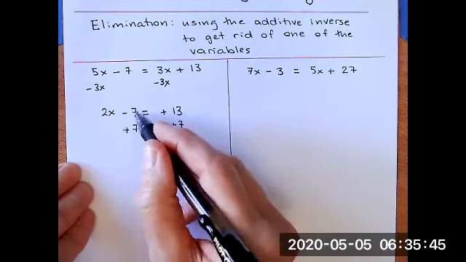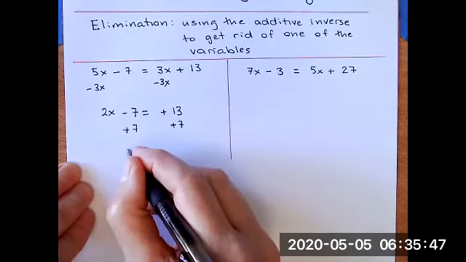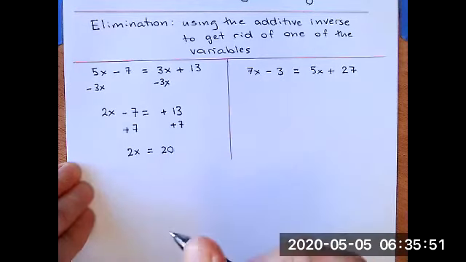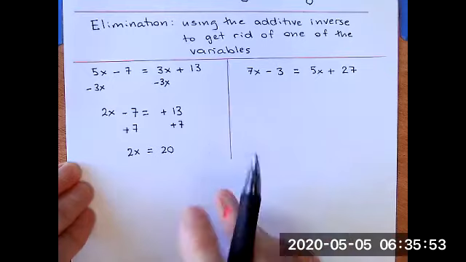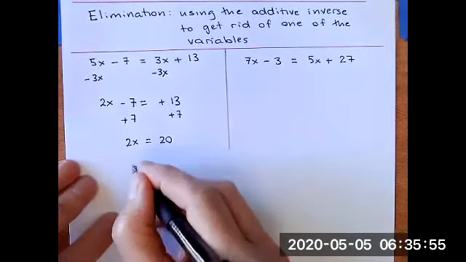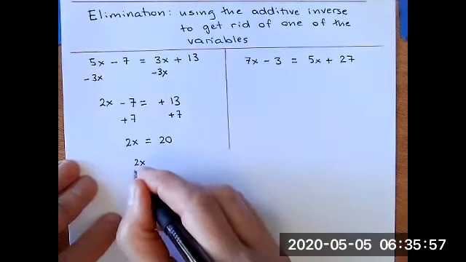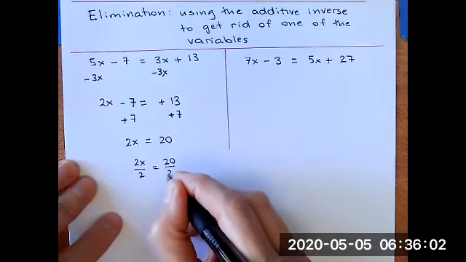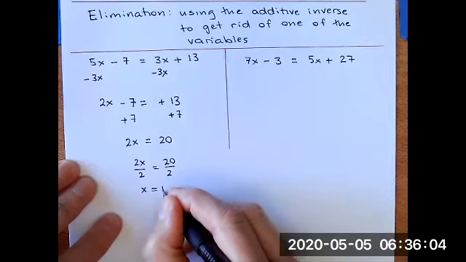That eliminates the 7. So I have 2x equals 20. And then I can divide both sides by 2. X equals 10.